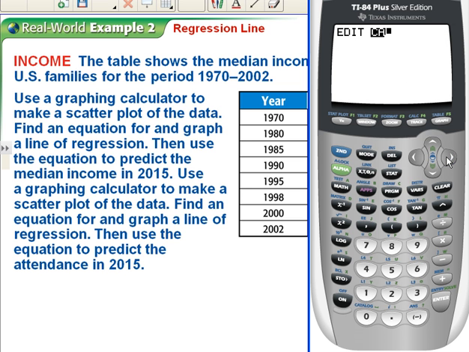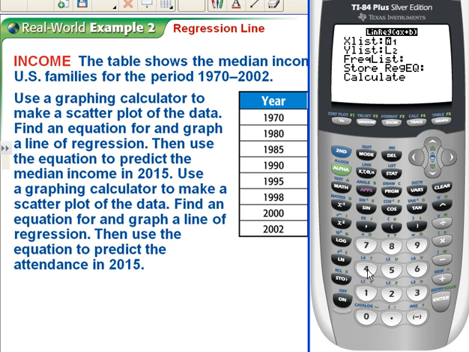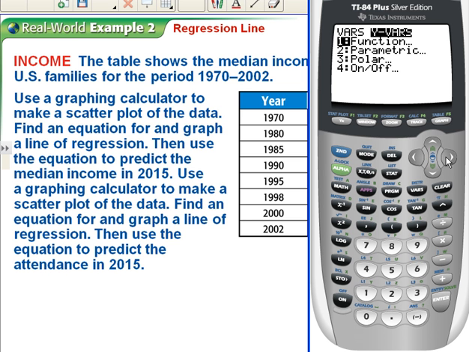Stat, calculate. Number 4. If you look on your calculator, if you have a calculator like this, I'll show you the other way for the other calculator in just a bit. This stored regression equation, we're going to press the vars key over to y-vars, function, press enter, y1, press enter.